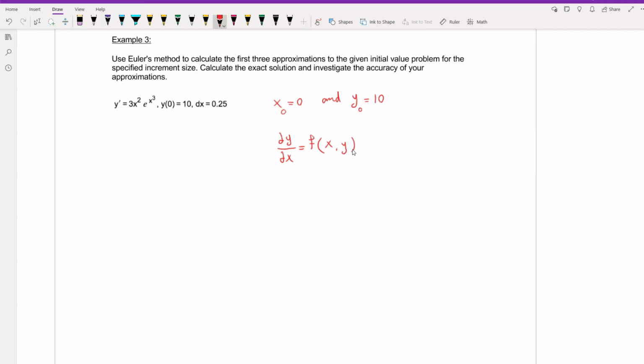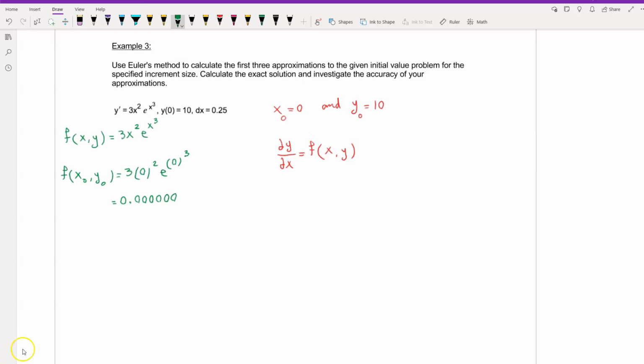So what do I have for f of x sub 0, y sub 0? f of x sub 0, y sub 0 is equal to 3 times x sub 0, which is 0, squared, times e power x sub 0 cubed, which is again 0. So this is equal to 3 times 0 times e power 0. So that is 0. I'm using 6 decimal places. So it's 0.000000.